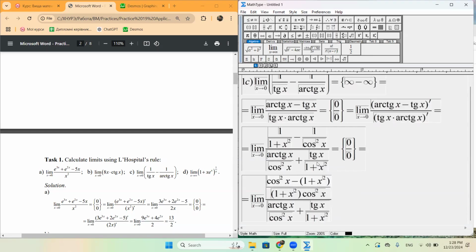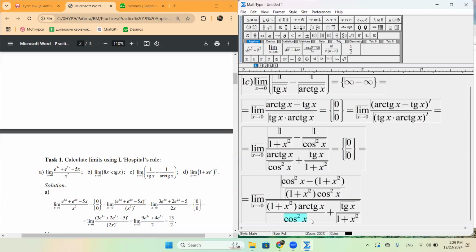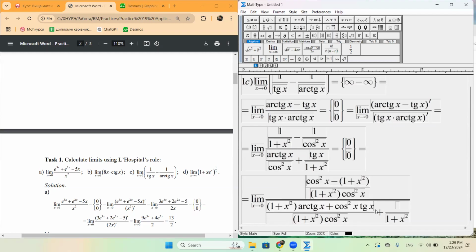Attention. So now everything is correct here, and now doing the same here. Well, now we can eliminate these expressions.